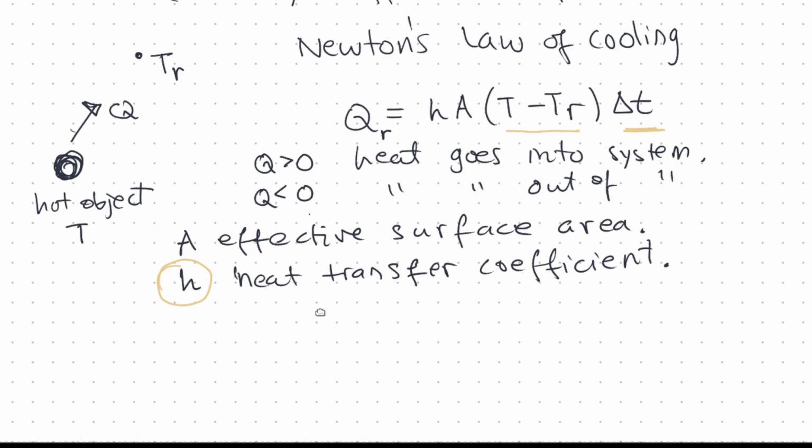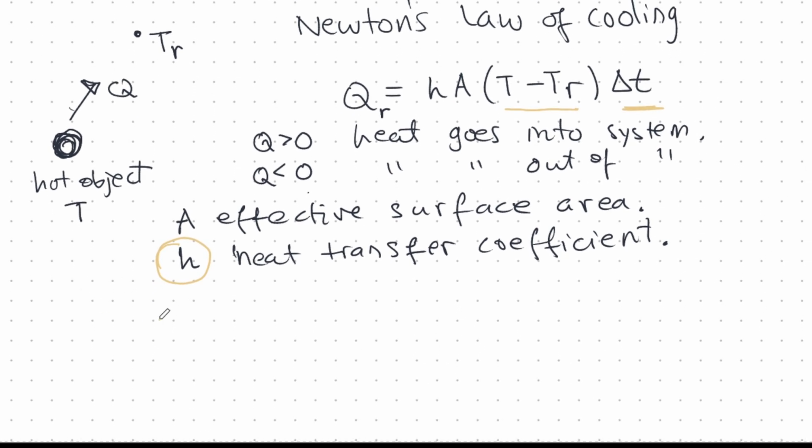Now let's look at some dimensions and units of this just to make sure that we understand what's going on. Dimensions of Q_R is energy, and that's joules. The heat transfer factor is power over area times temperature in Kelvin, so it's watts per meter squared Kelvin. And the area, of course, is meters squared.